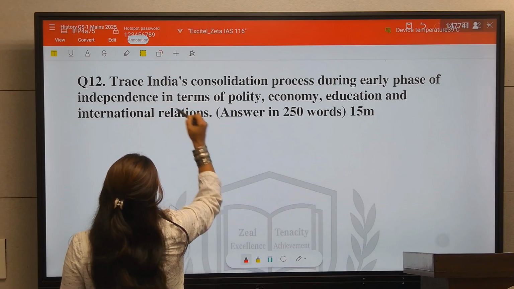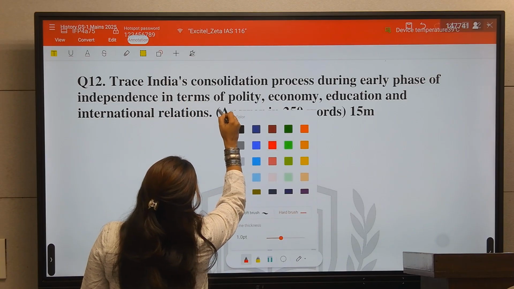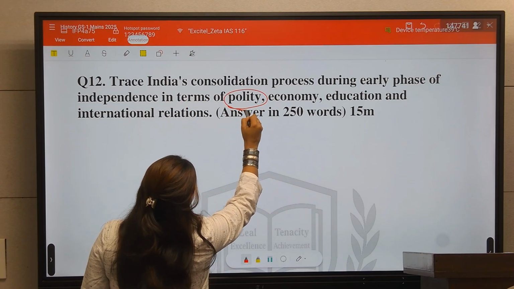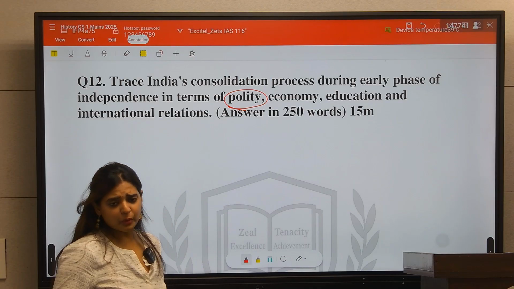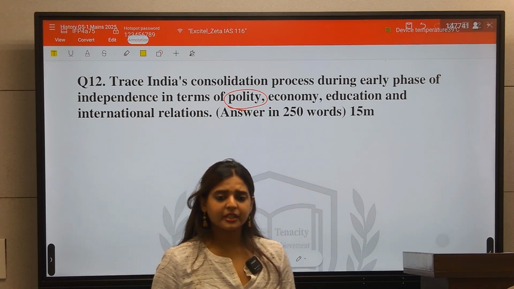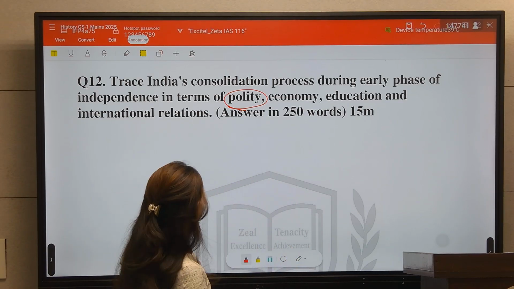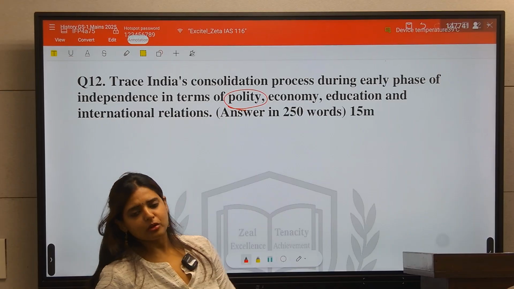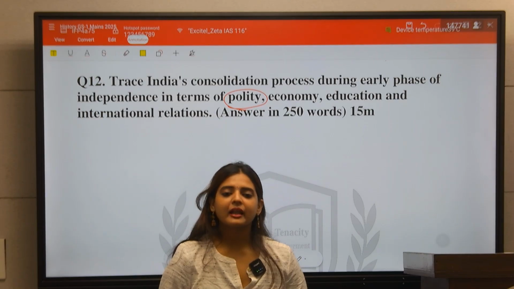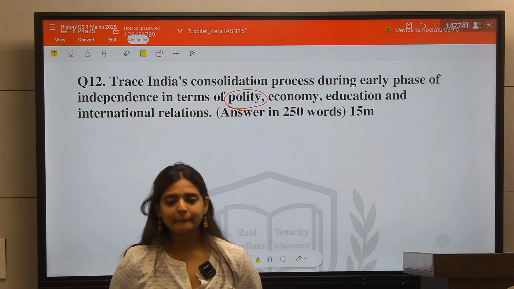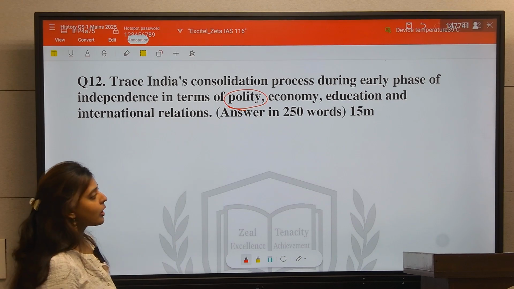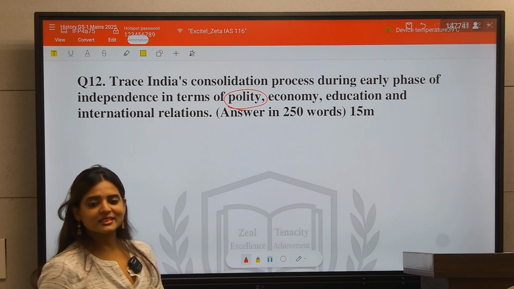In terms of polity, you will write there was a lot of political unrest after independence. So here you can write about the establishment of a constitutional framework for parliamentary democracy. Okay, and there was a reorganization of states on linguistic lines.